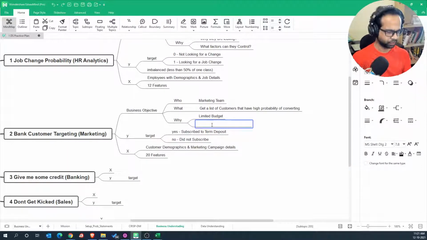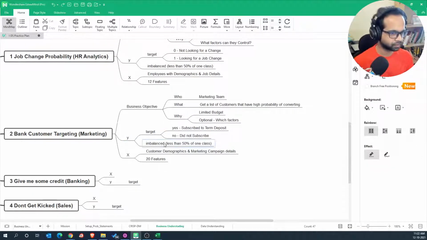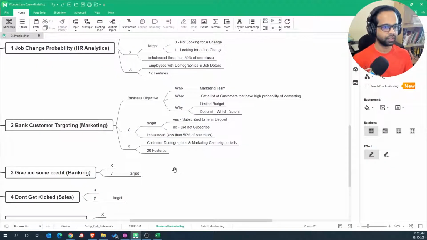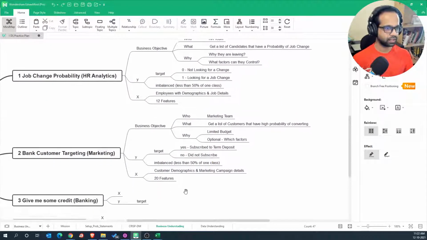For now they just need a list of customers that can convert well. So that's one of the things. And again, this is an imbalanced data set, so that's definitely something we need to consider while building a model, right? So these are the two things that we are looking at.